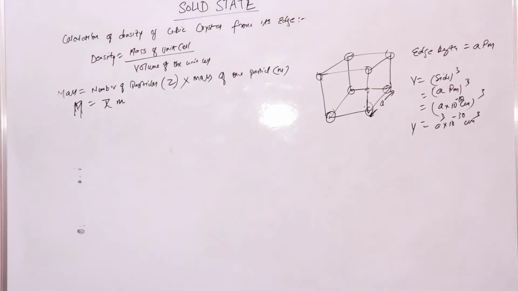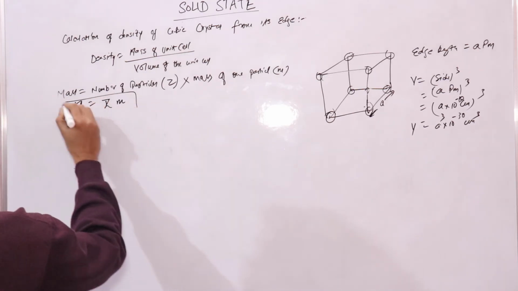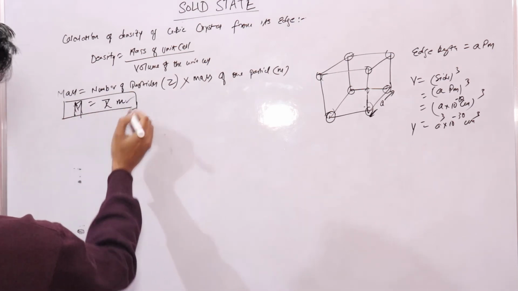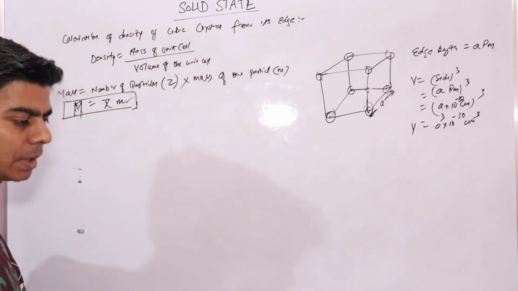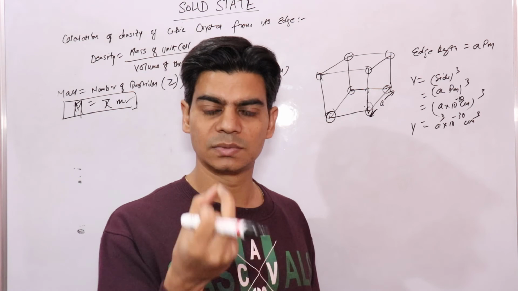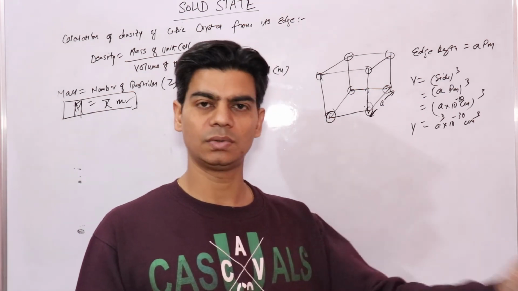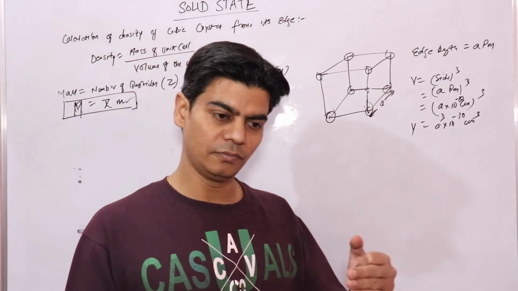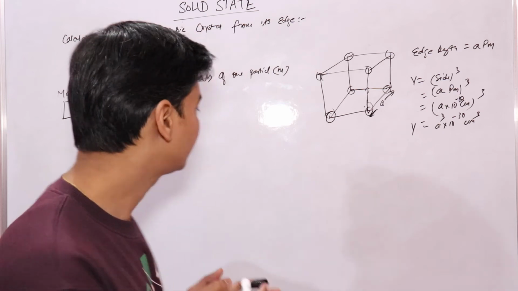Now this is the mass of the unit cell, and this is the mass of one particle, right? We know that one small atom or molecule is so small that we cannot calculate its mass. So what we do is we consider the mass of Avogadro's number of particles, right?